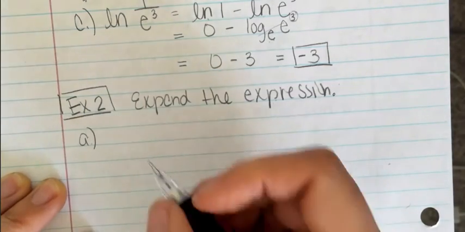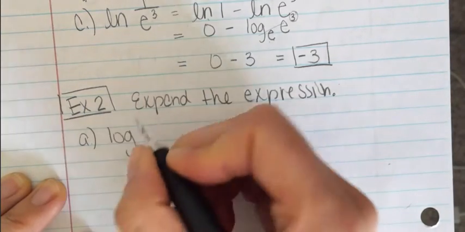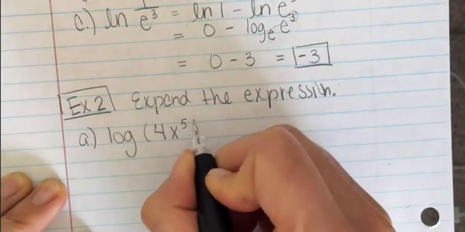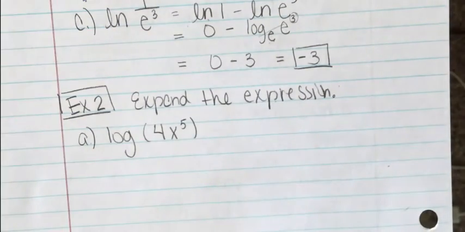We'll do log of the product 4x to the 5th. I'm going to expand this as much as possible, make it as long as possible. Basically I'm going to use every single property that I can.